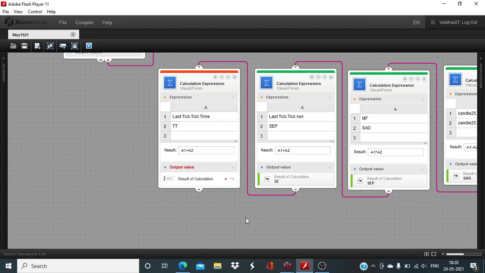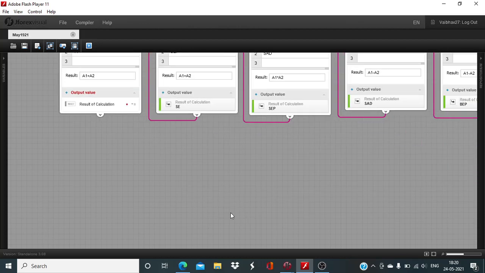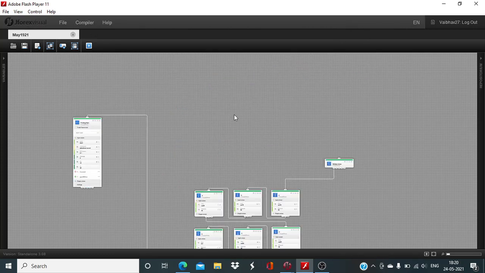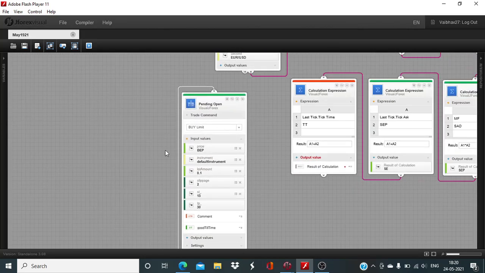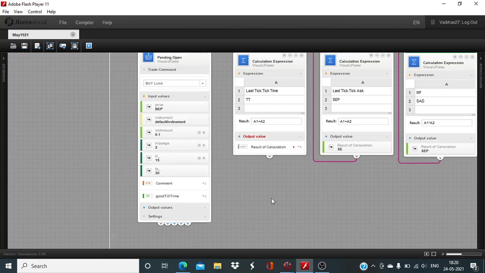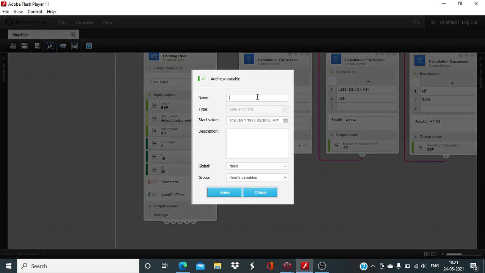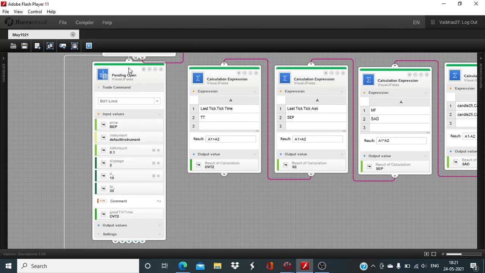That variable was of double format, but we will need the data type to be long, so I will leave it blank, get this block, and create a new variable. Okay, now it's fine.